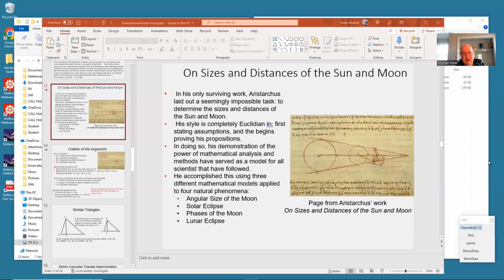The lunar eclipse is the most intricate and the most incredible, what he does with the lunar eclipse, which ends his argument. But using these natural phenomena, he creates geometry out of these. And out of the series of geometries, series of proportions and other equations, he's able to finally do computations to get the sizes and the distances of the sun and moon.